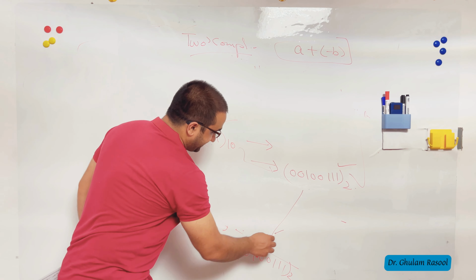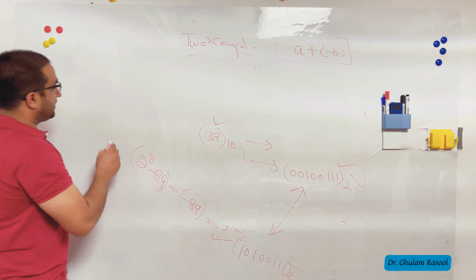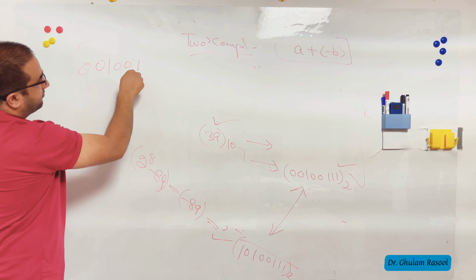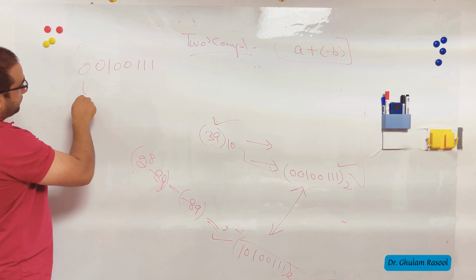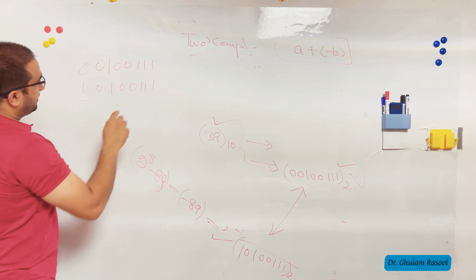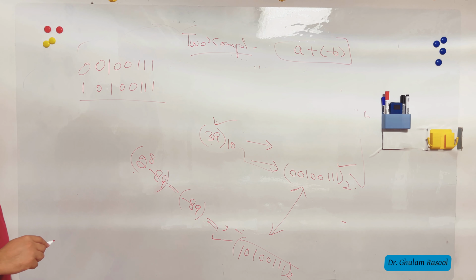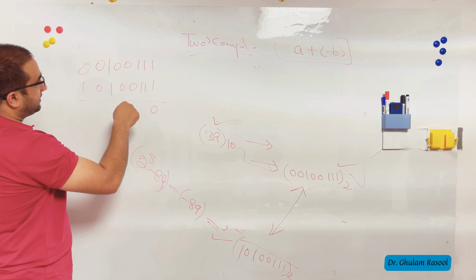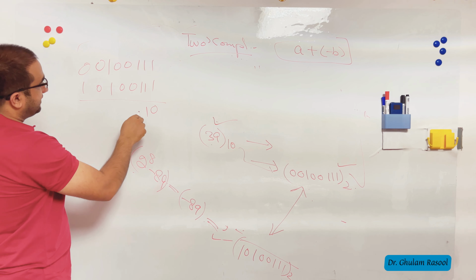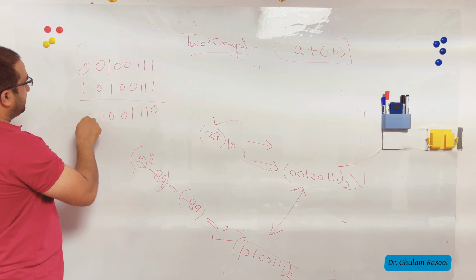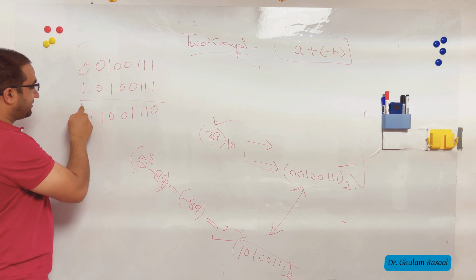Now add them together. When you add them together, 0 1 0 0 1 1 1 plus 1 0 1 0 0 1 1 1, this is 0 1 1 1 1 1 0 0 1 1. Is this correct?